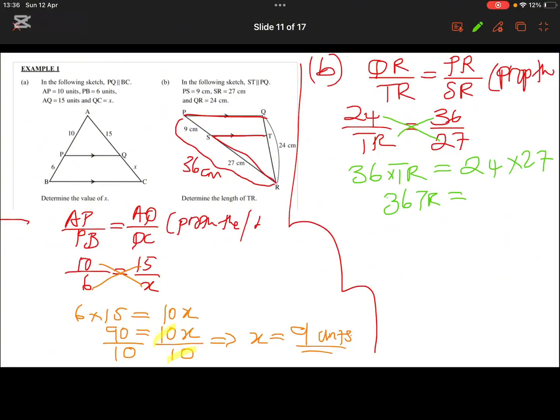Then we'll have 36 TR equal to 24 times 27, that will be 648.